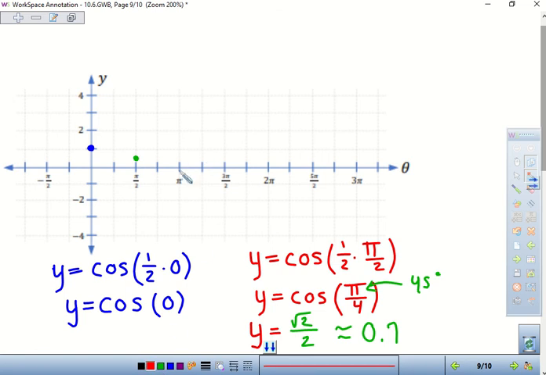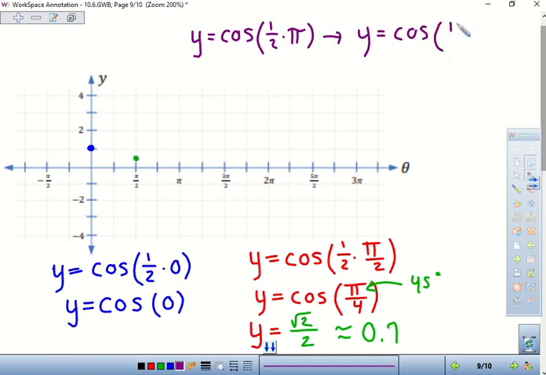So next value we're going to plug in is pi. So we have y equals cosine of 1/2 times pi. What is 1/2 times pi really going to be? Pi over 2. Good. Anybody know what cosine of pi over 2 is?